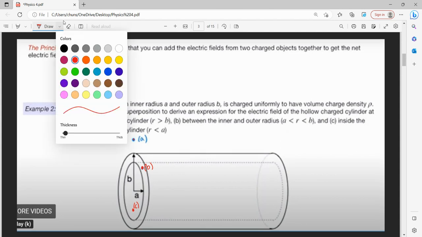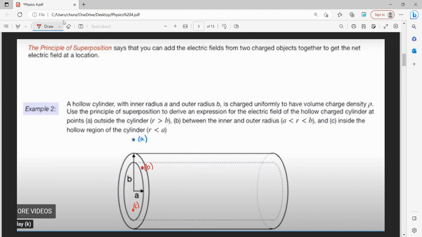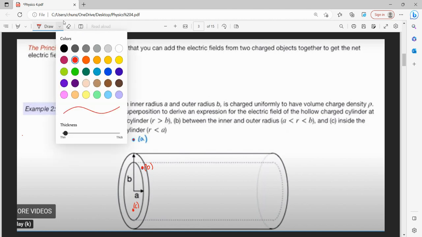So the first thing that we are going to do is solve for our outer Gaussian surface. So we want to take our fully charged section and subtract the hole that is missing from it.